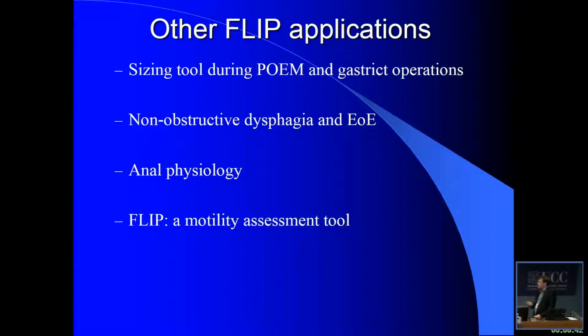There's definitely application, and there have been papers on non-obstructive dysphagia, EoE, 7-8 papers at least on anal physiology, primarily on normal subjects and on patients with fecal incontinence. And then, as I showed you before, I think in the future it will find a lot of use as a motility assessment tool. Papers are starting to come out where the motility is analyzed in much more detail.